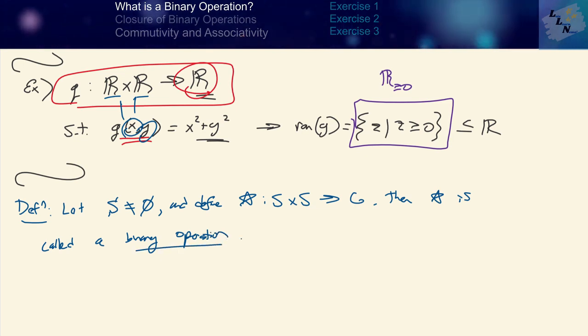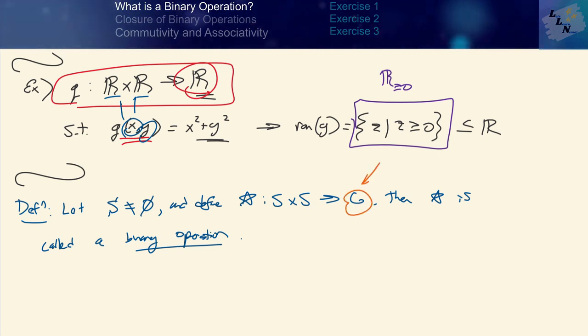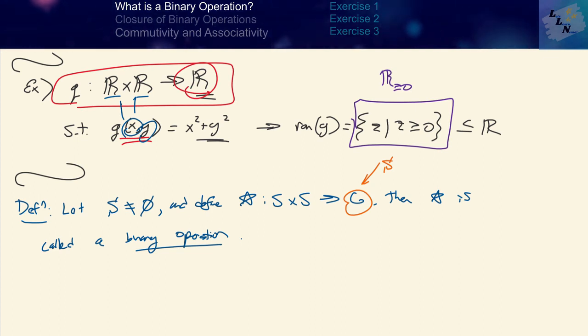Some people will define a binary operation by defining this to be equal to S as well, but we're going to keep it a little bit more open, because if I just define it to be S, sometimes when we choose elements in S and S, it might map to something that is outside of S on some occasions. So I'm just going to let this be C, and I'll illustrate why in just a moment.